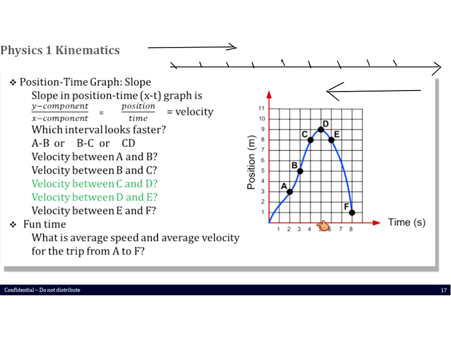So you tell me please, which path is the fastest? AB, BC, or CD? Which path is the fastest?